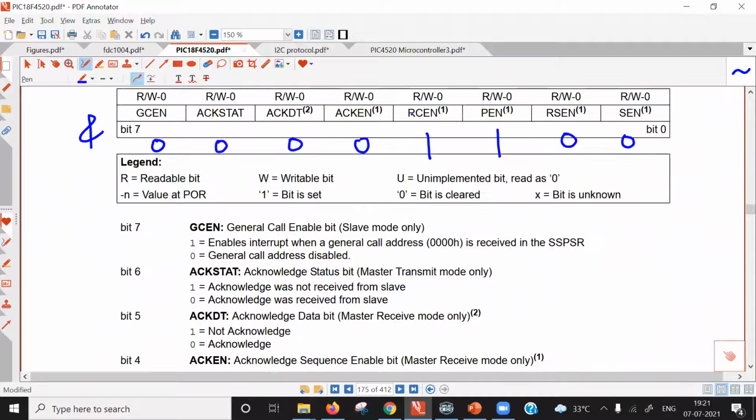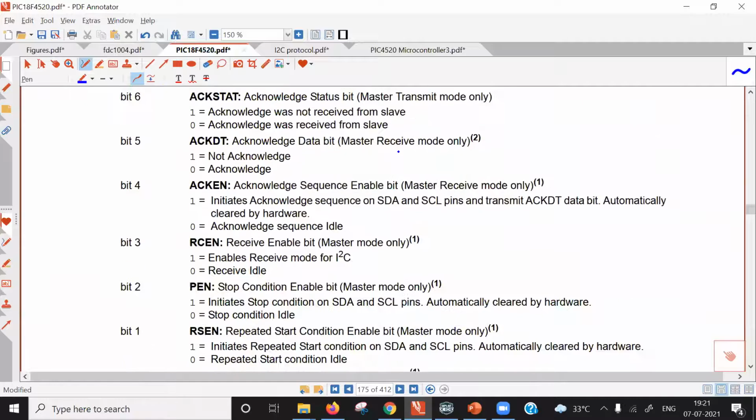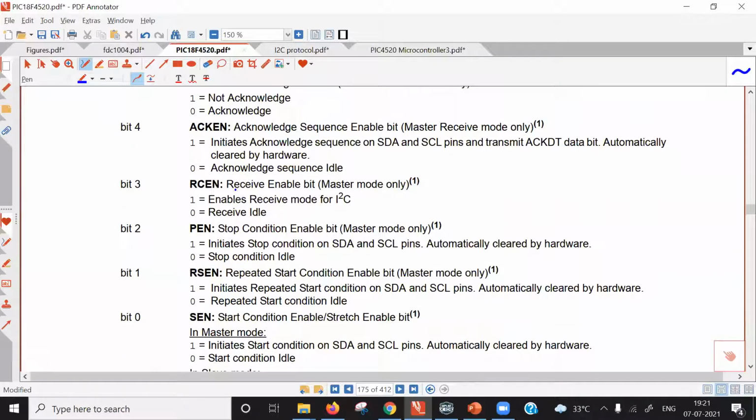Next important bit is RCEN bit. Whenever we want to perform a read operation with respect to a slave device, this bit must be set to 1 through program. RCEN is the receive enable bit, in master mode. When this bit is 1, it enables receive mode, and when this bit is 0, receive mode is idle. That is the meaning.